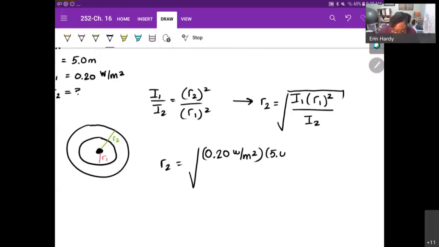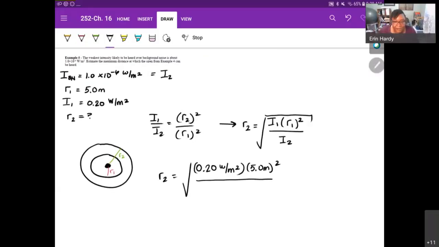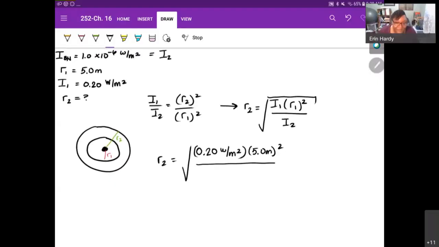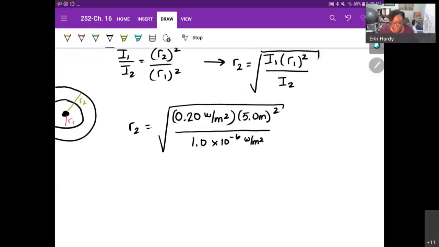That wasn't relevant in the previous problem, but it is relevant here. And I2 is the same as the background intensity. So that is 1.0 times 10 to the negative 6 watts per square meter. That will give us R2.